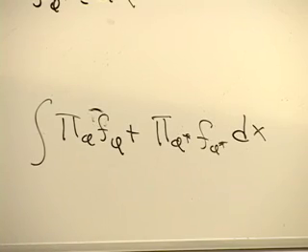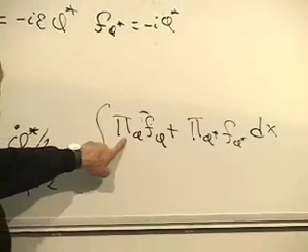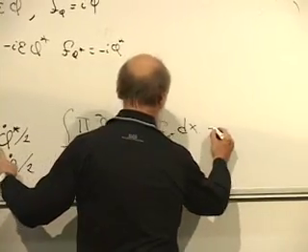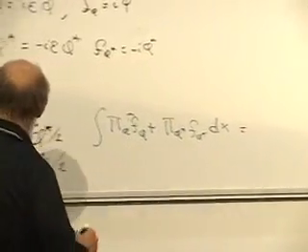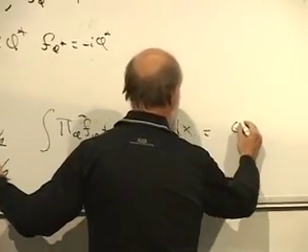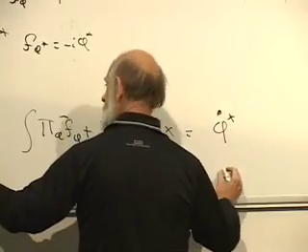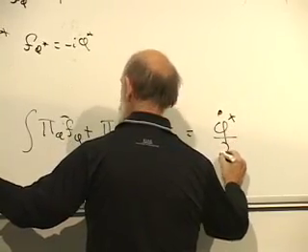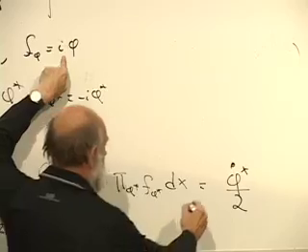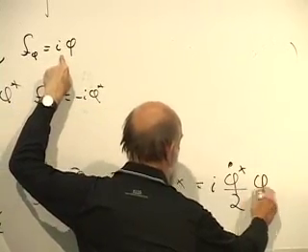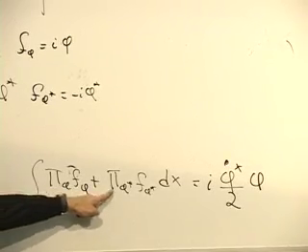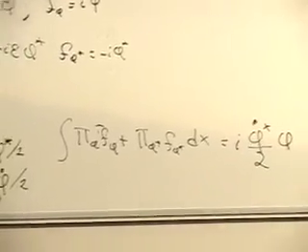Let's see what it is. Pi sub phi is phi star dot over 2. So this is equal to, did I leave an I out somewhere? No, I didn't. Phi star dot over 2 times f phi, and f phi is I times phi. That's one term. Now the second term, pi sub phi star, that's phi dot over 2.